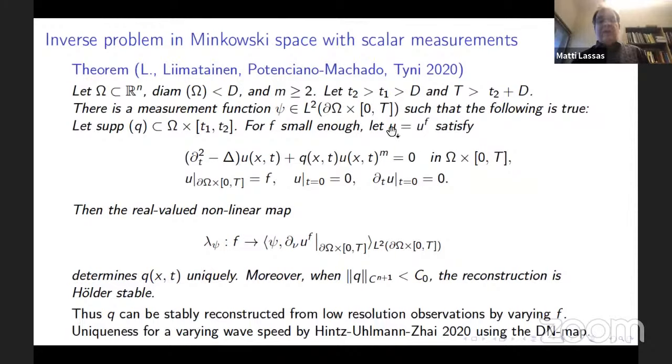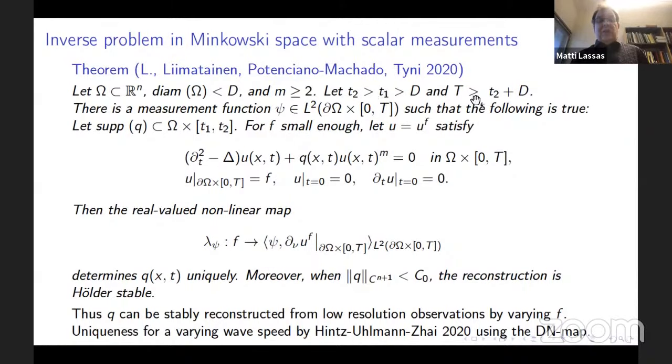For instance, if one assumes that the diameter of the domain is known, and both times are larger than the diameter, and satisfy some conditions, and Q is supported on omega times a smaller time interval, then the waves can propagate from any point on the boundary to any point of the domain. This is why T1 is larger than D.